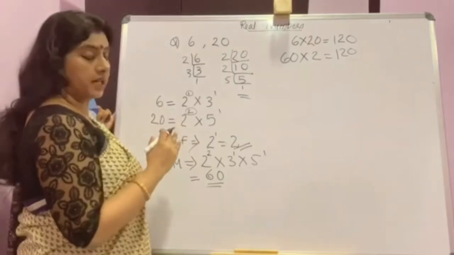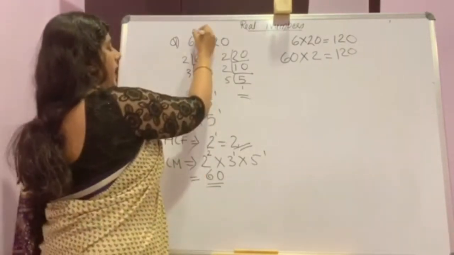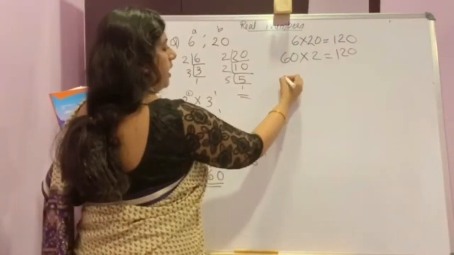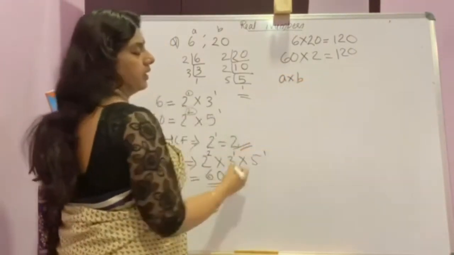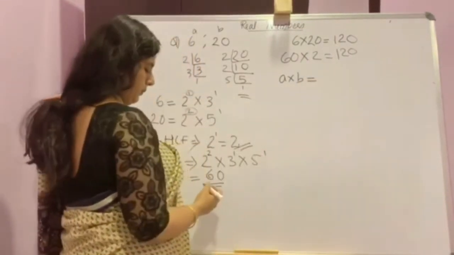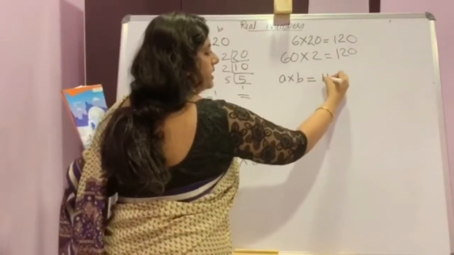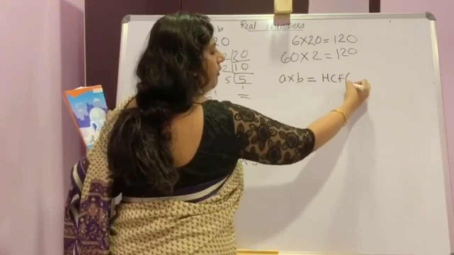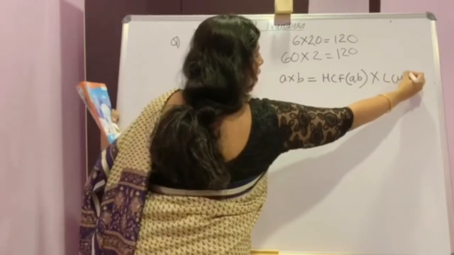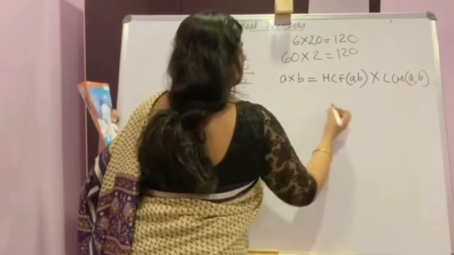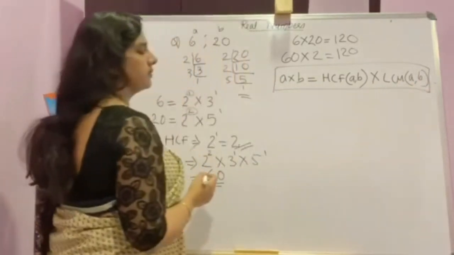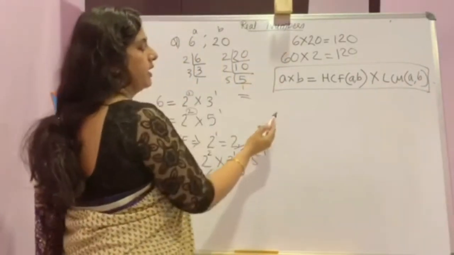So we can generalize it as, if these are A and B, two positive integers, A into B is equal to HCF of AB into LCM of AB. That is what we proved here.